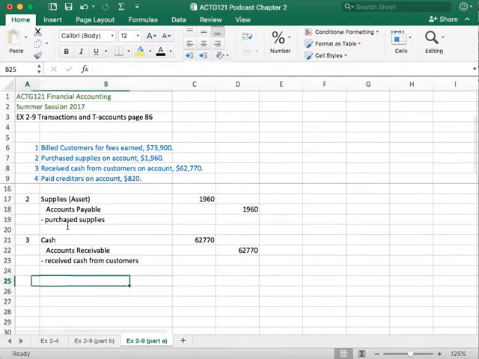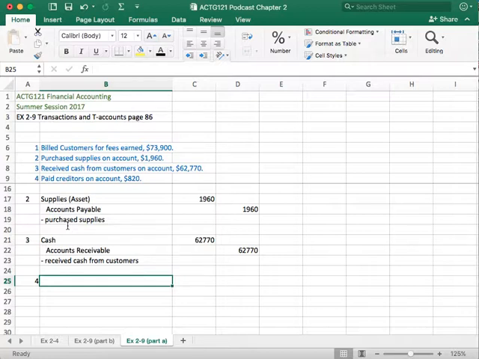Now let's do number 4. Paid creditors on account. So again, the relationship is between a creditor and the corporation, so accounts payable is going to be used. And cash. Paid means cash goes out. That means cash is the credit.